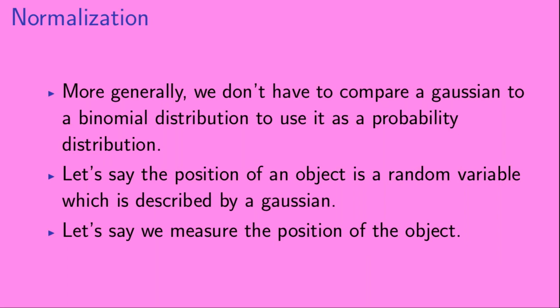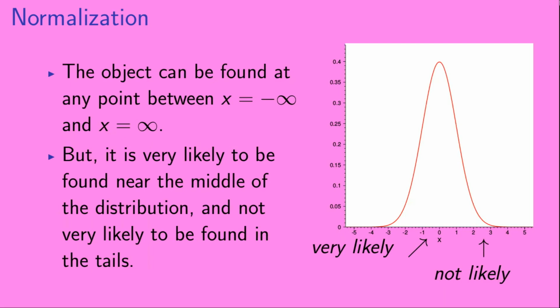More generally, we don't have to compare a Gaussian to a binomial distribution to use it as a probability distribution. Let's say the position of an object is a random variable which is described by a Gaussian. Let's say we measure the position of the object. The object can be found at any point between x equals minus infinity and x equals infinity.